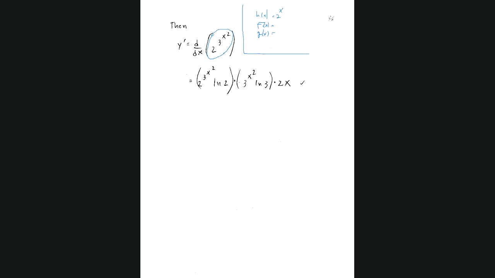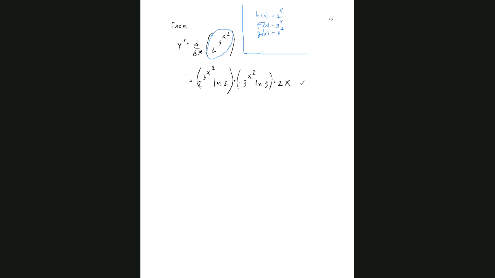Good. Very good. And then what's the innermost function? Obviously x squared. Very good, everybody. And so we're going to use the chain rule here.